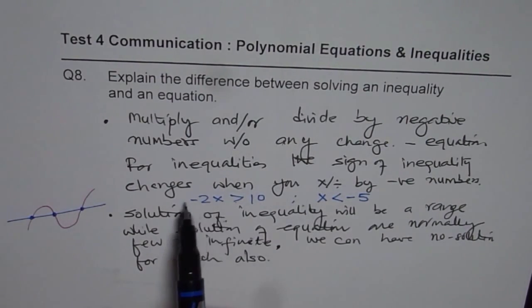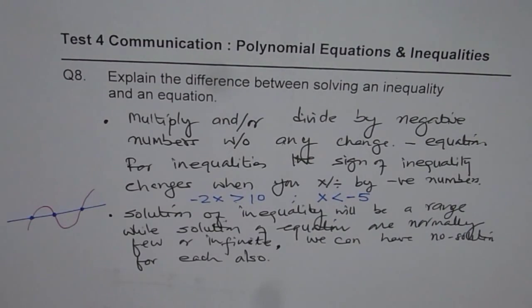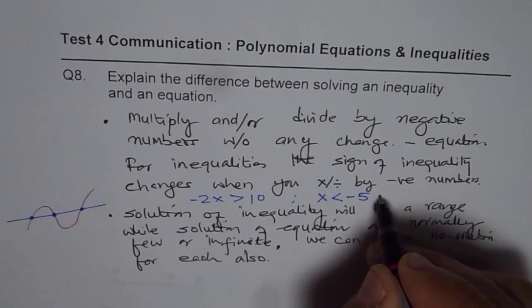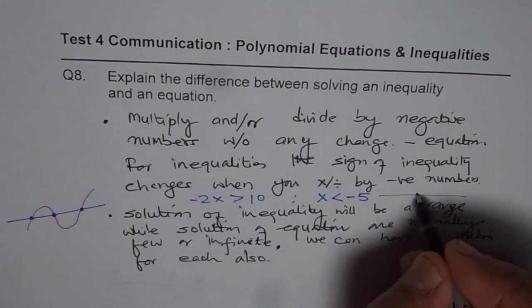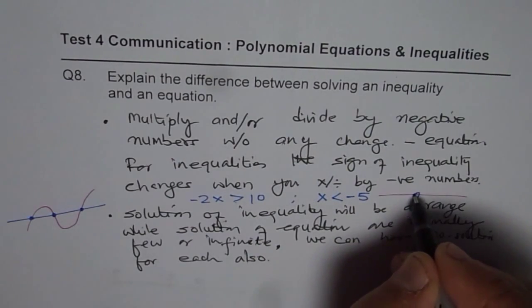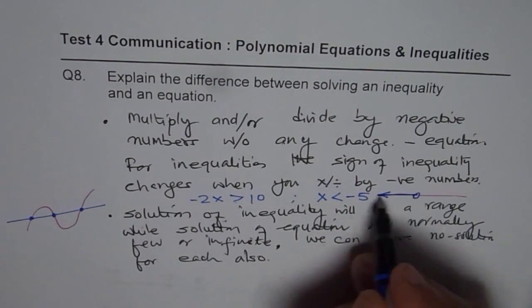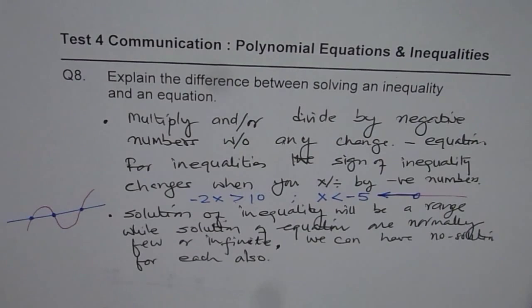But in case of an inequality, you will find that it is always a range, right? For example, in this particular case, what we found is that it is less than minus 5. So everything constantly, do you see that? A continuous range. So that is the main difference between the solution of an equation and an inequality. I hope you appreciate it. Thank you and all the best.